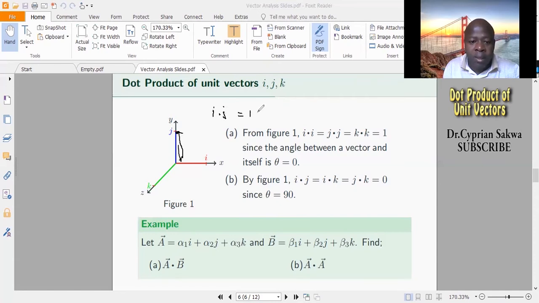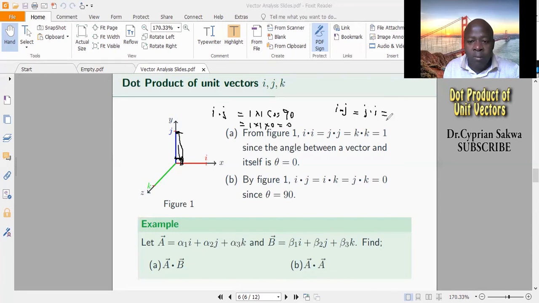So 1 times 1 times cos theta, and the angle between i and j is 90. This angle here is 90, and cos 90 is 0. So this will be 1 times 1 times 0, which is 0. So i dot j, which is the same as j dot i, will be 0.